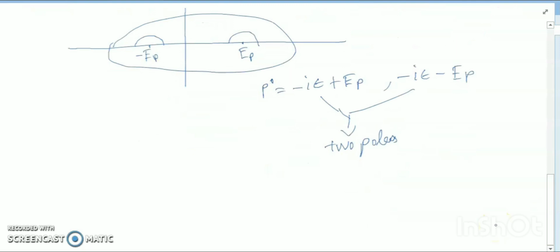So let's take a closer look so we know what p0 is.